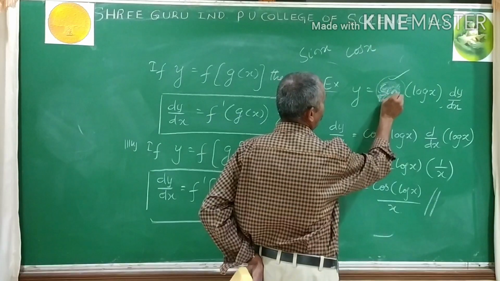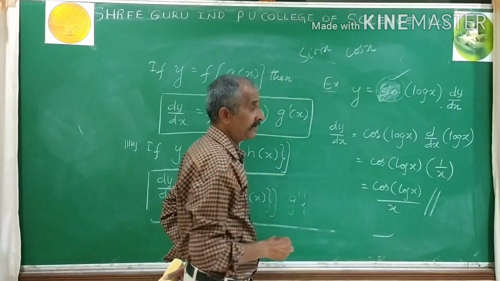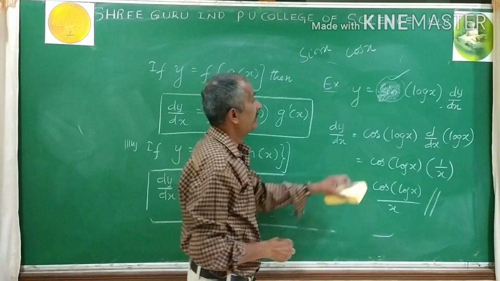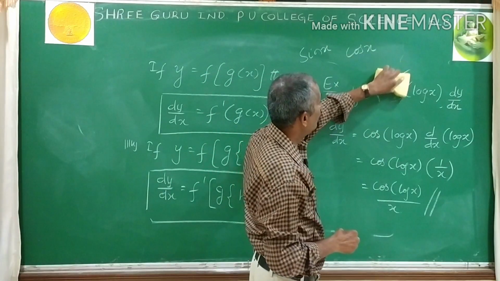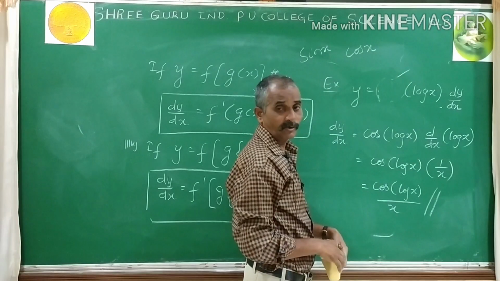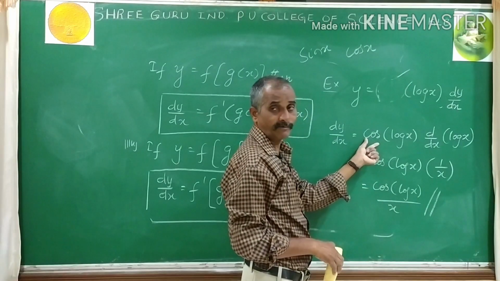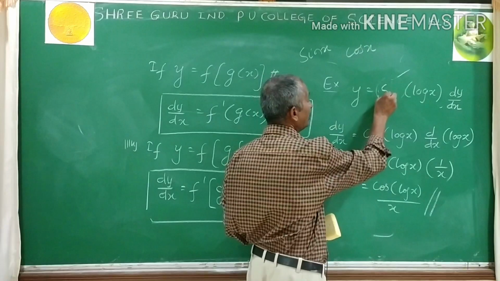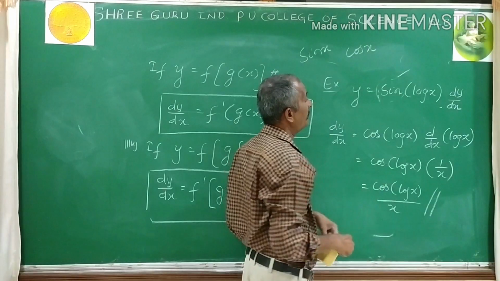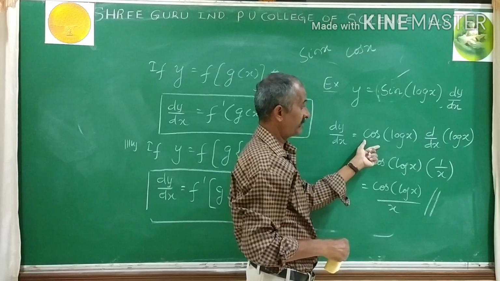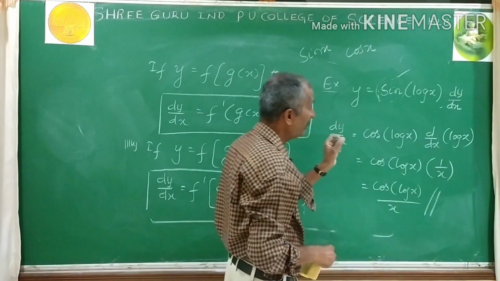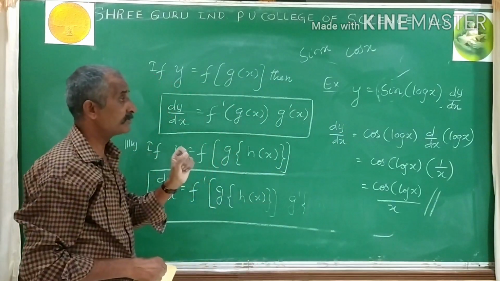Now, try to understand this very carefully and very correctly. If we don't have this sine function, then there is no question of the answer containing cos. Our answer contains cos because of the involvement of the sine function. So we should be very careful in differentiating composite functions.